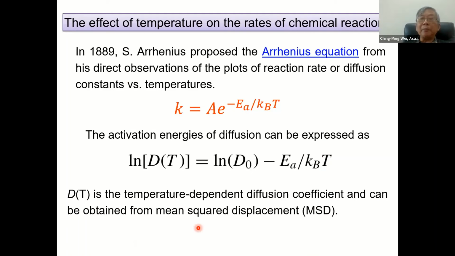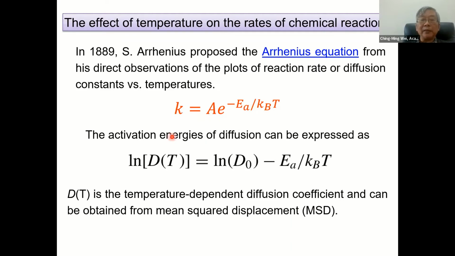Before that, because we are doing diffusion dynamics, we need the so-called Arrhenius equation to study diffusion behavior. The idea is that the diffusion constant will be a prefactor times exponential of minus EA divided by kBT.